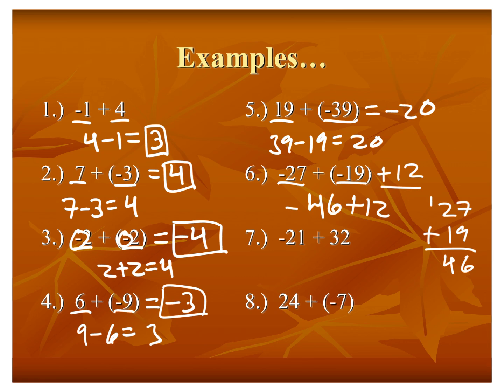Now negative 46 and 12 have opposite signs, so we want to subtract them. So I'm going to do 46 minus 12, which should get you 34. But since 46 is the bigger number, then you keep the sign on the 46. The 46 is negative, so our final answer is going to be negative 34.